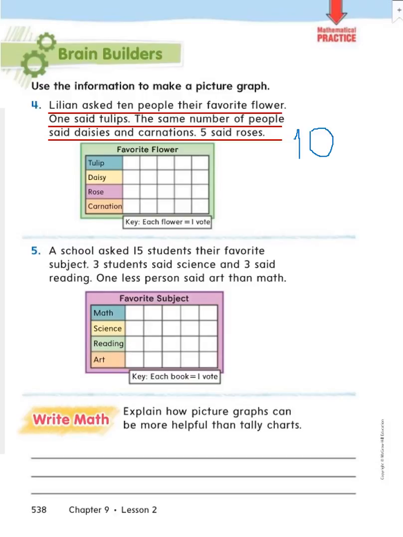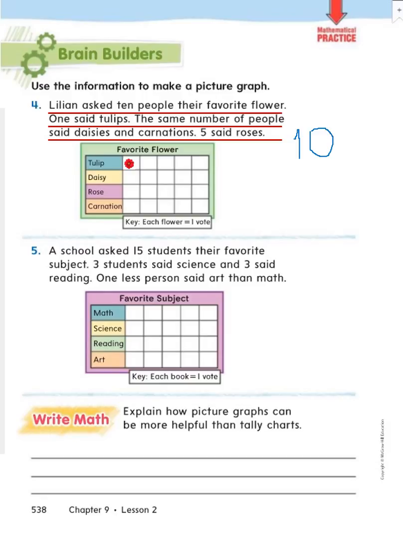Well, remember, brain builders and word problems usually require a lot of steps. How many people did Lillian ask in her survey? She asked 10. One of them said tulips. Great, I'm going to use a flower. One of them said tulips.